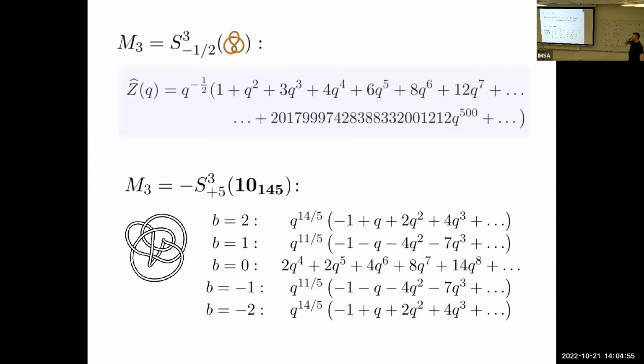But of course, if it was only limited to plumbing graphs, that would be very sad. If it's really a three-manifold invariant, you have to be able to assign it to any three-manifold. And a famous theorem in three-manifold topology says that every three-manifold can be obtained as a surgery on some knot or link.